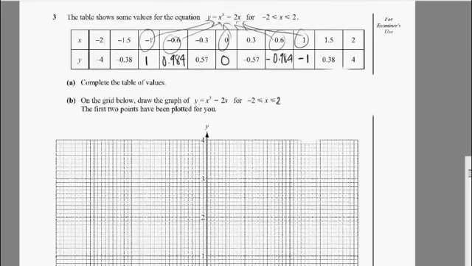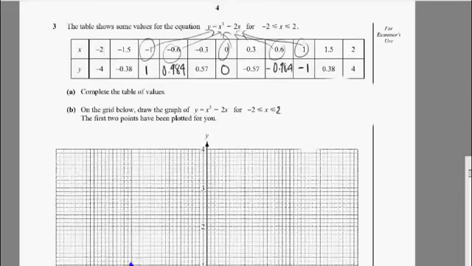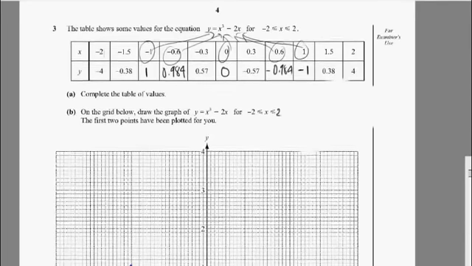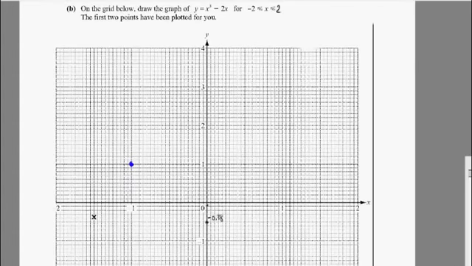The third point we can see here is at negative 1 and 1. So negative 1 and 1. We'll plot it here, I'm going to use a different color. The second point is at negative 0.6 and 9.4. So here is negative 0.5.